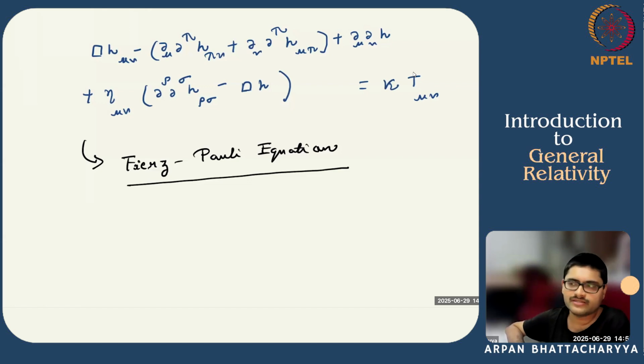So the relativistic generalization of Newton's law of gravity at the linear level of the gravitational field gives you the Fierz-Pauli equation. And this tensorial gravitational potential field h mu nu is known as the Fierz-Pauli field.